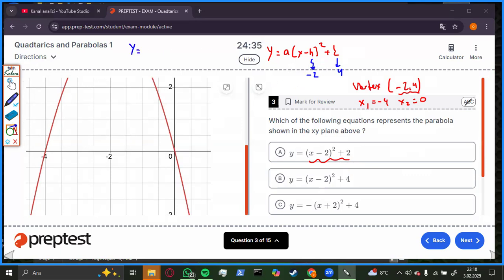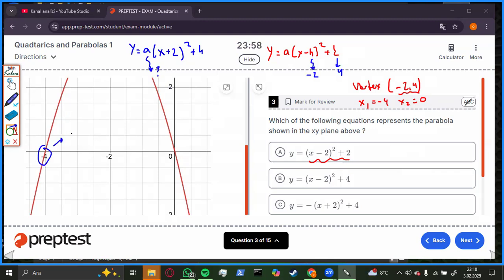Using the vertex, we can say that it is a times (x plus 2) squared plus 4. But we need the value of a. To find the value of a, I think we can use one of the points. For instance, let's use this point.